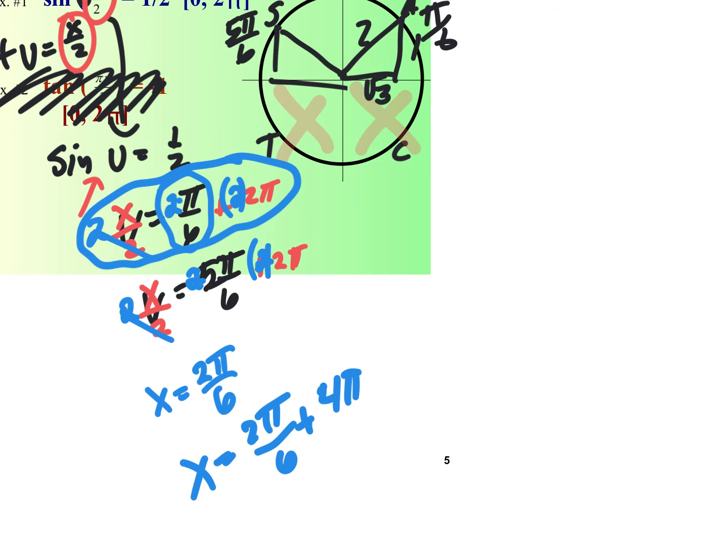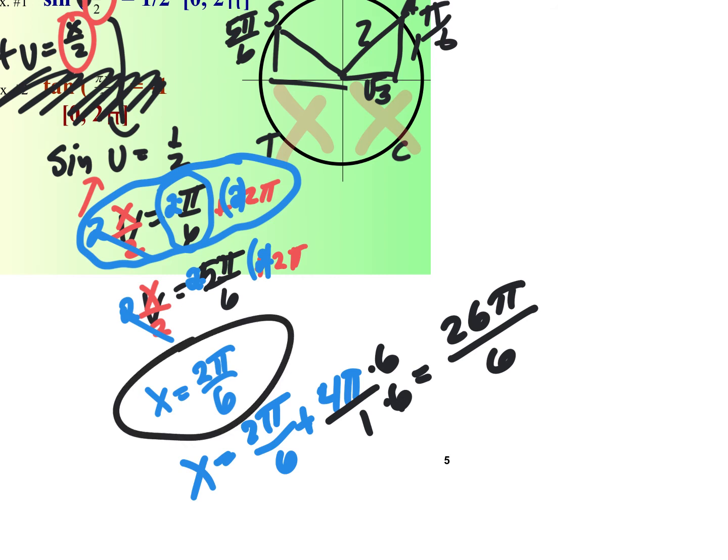So my next answer is 2 pi over 6 plus 4 pi. But wouldn't it be nice if that was in sixths? So then I'm going to make it in sixths. I'd have to multiply the top and the bottom by 6. Bottom is a 1. So now I've got 24 plus the 2 is 26 pi over 6. Now, here's my first answer, 2 pi over 6.